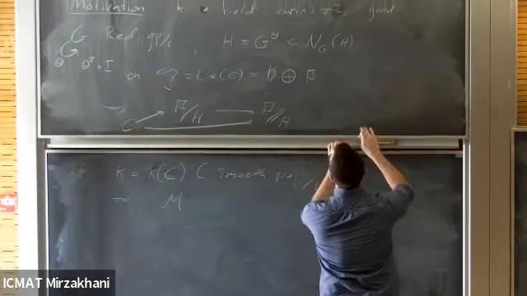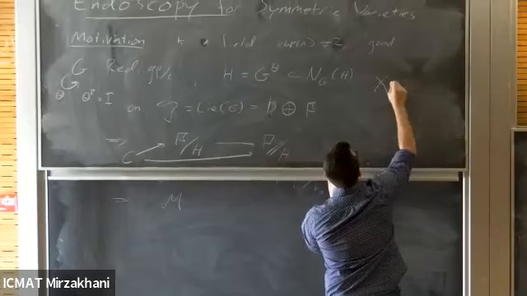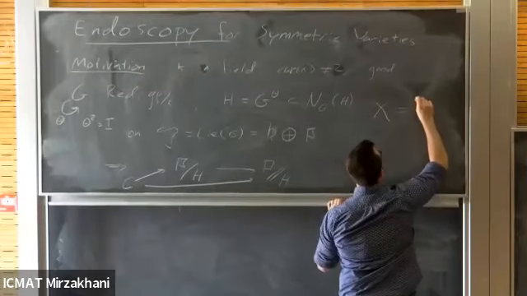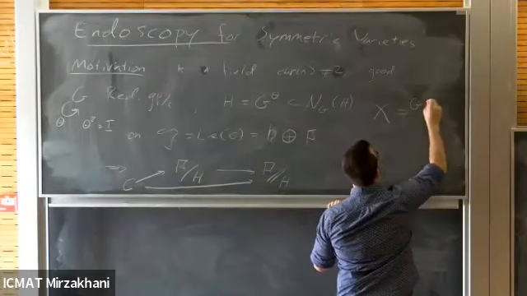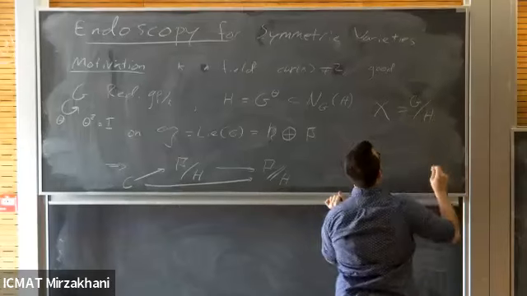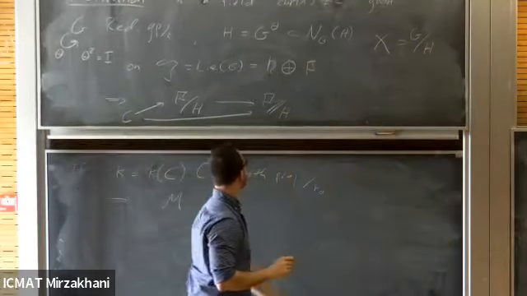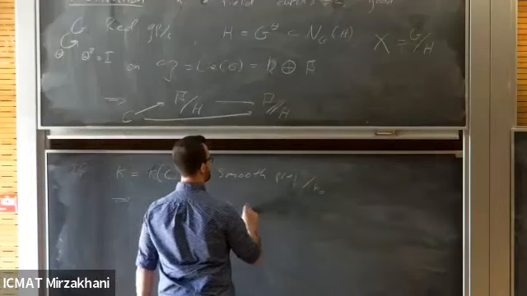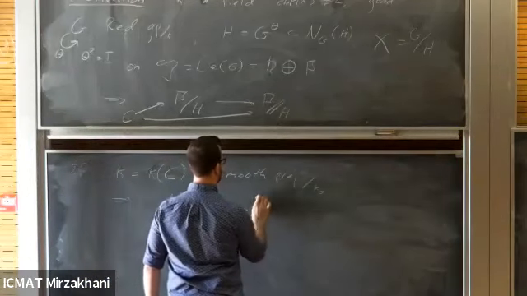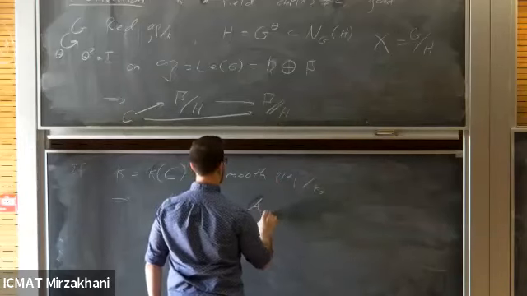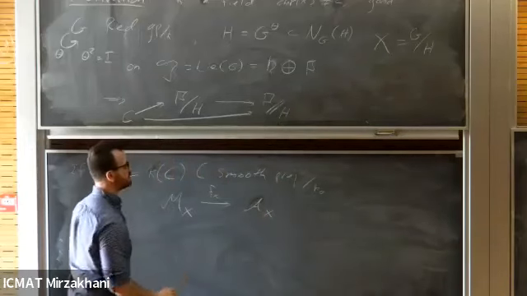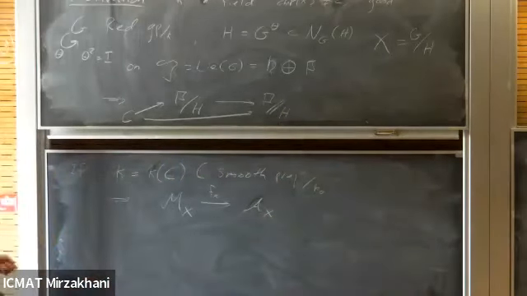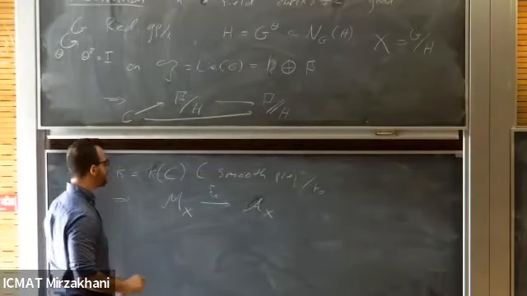So I'm going to fix a notation from here on out. I'll set X to be G mod H. So that will be my symmetric variety. So it's M_X, and that's A_X. And so this is the relative Hitchin map that showed up in Thomas's talk.